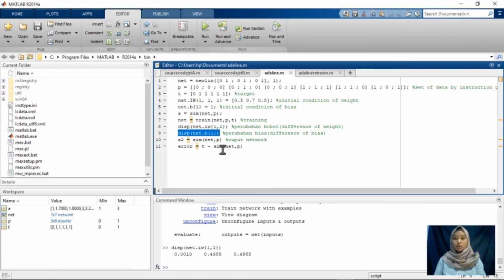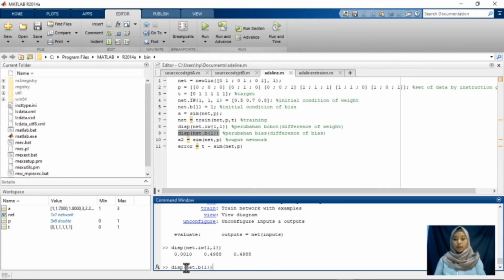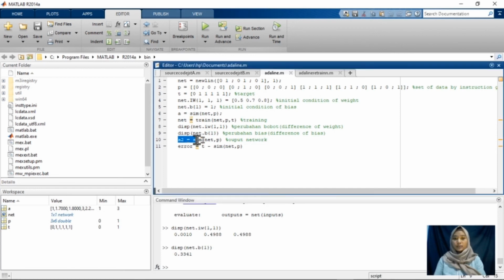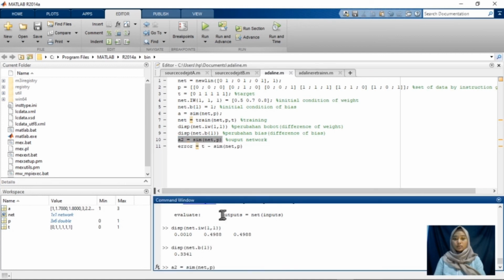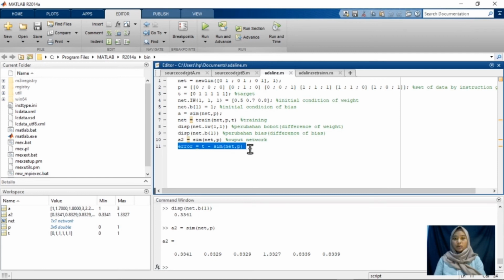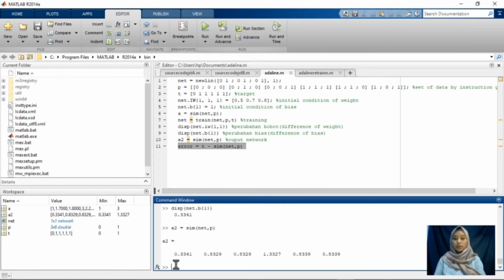And then, to know the difference of bias, copy and paste here, and we know the value of the difference of bias is 0.3341. This is the network output, and we can know the error by using this function. Okay, the result is this.